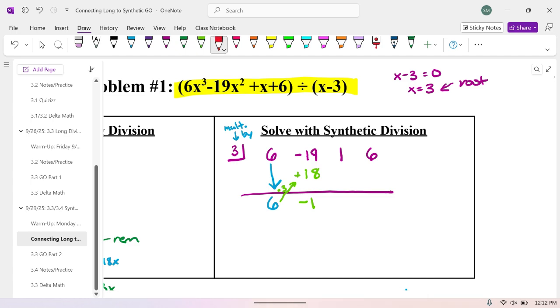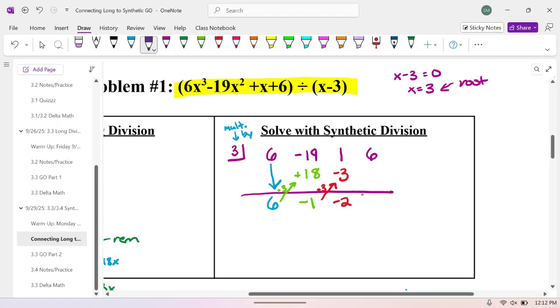Multiply again. So in other words, we repeat the process, just like with the long division. I multiply the negative 1 by 3, which is negative 3. If I add them together, I get negative 2. Repeat the process. Negative 2 times 3 is negative 6, and then we would get the 0.